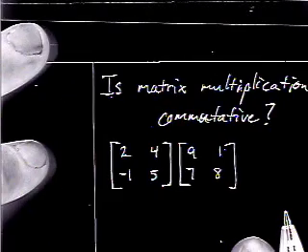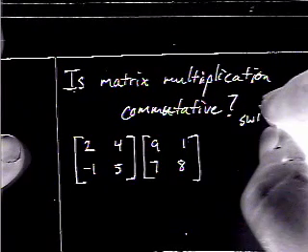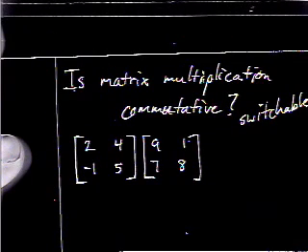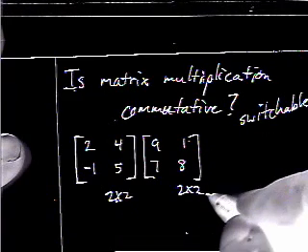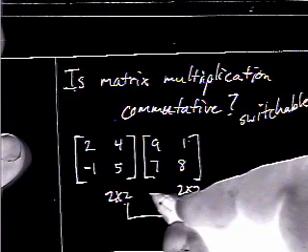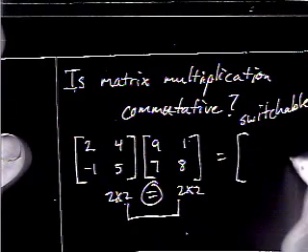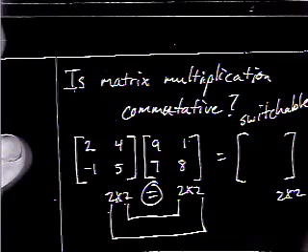Next question, is matrix multiplication commutative? Commutative means switchable. So let's see what we have here. We've got a 2 by 2 and a 2 by 2. The inside number rule is satisfied. Okay, so we can do this, and the answer will be a 2 by 2 answer. That's based on the outside number rule.